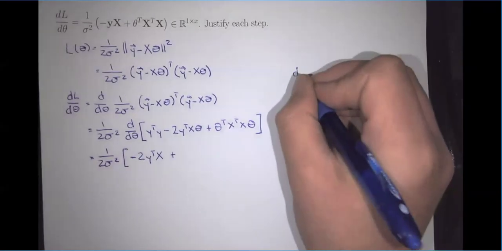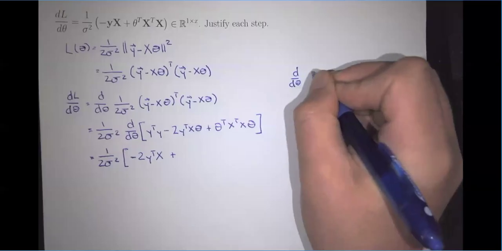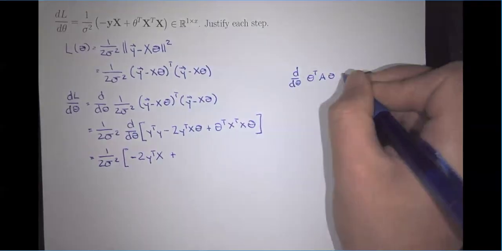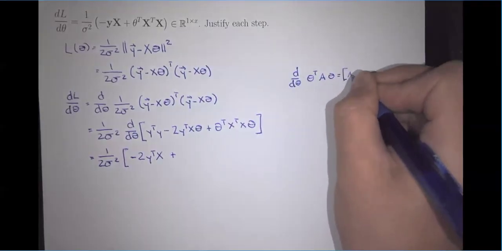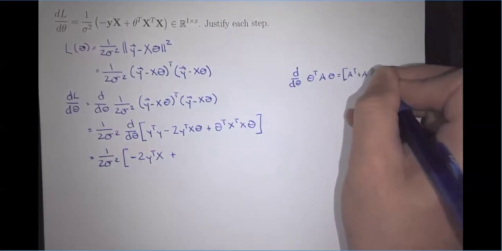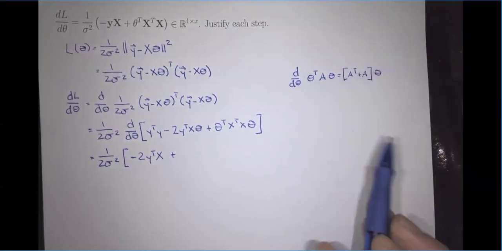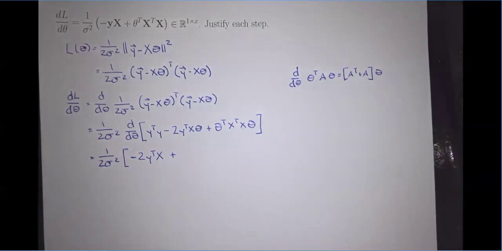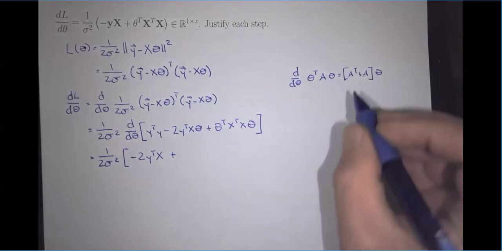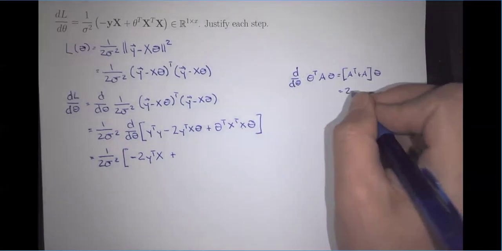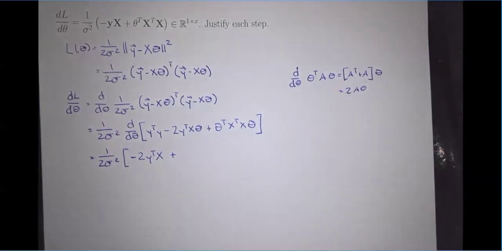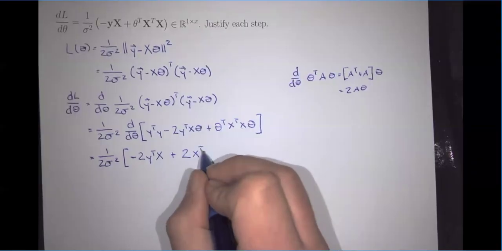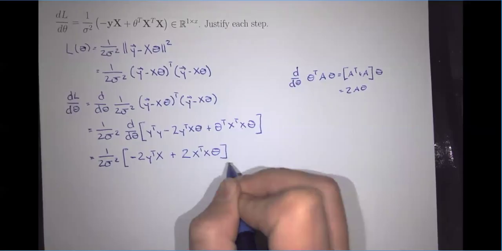We know that the derivative of θᵀAθ is going to be (Aᵀ + A)θ. In this case, our A is going to be xᵀx. So that's going to be symmetric, which means when A is symmetric, we get 2Aθ. So here we get 2xᵀxθ.